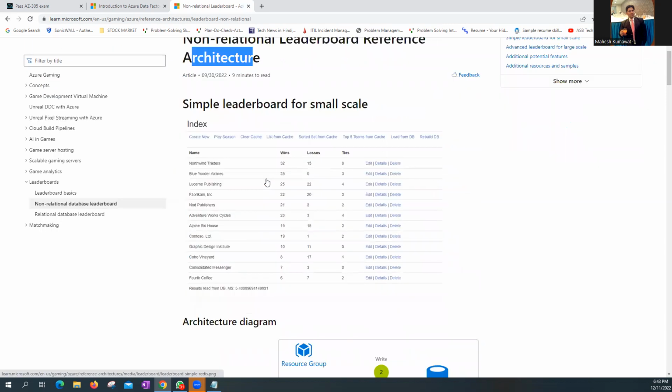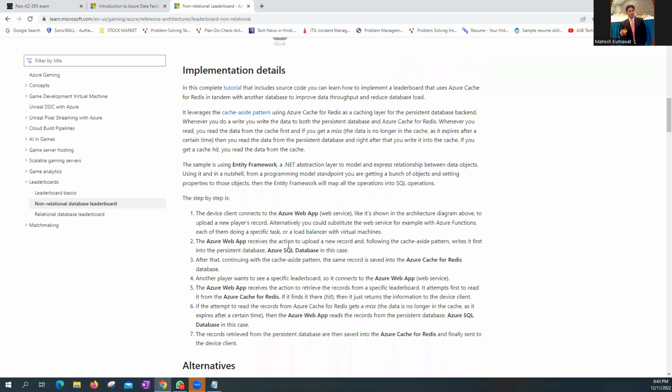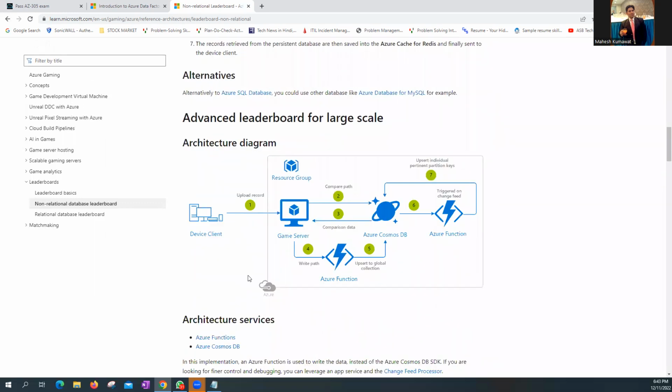Because this is the non-relational leaderboards reference architecture. As per the requirement of the company, you decide what architecture design to create and how things are going to work. We discuss here the gaming servers and this is your Cosmos DB, and then the Azure Functions and what functionality they provide.